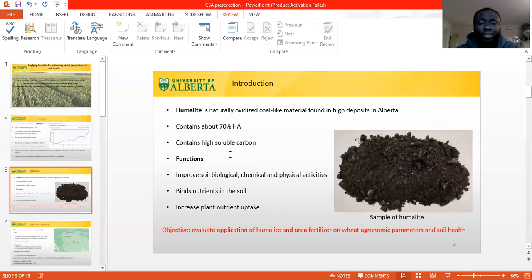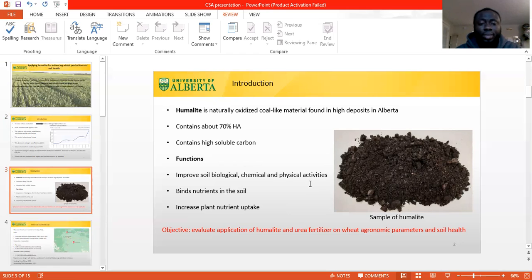Some of the functions include improving soil biological activities such as microbial growth or microbial biomass in the soil, which is good for soil health, and also the chemical properties of the soil, such as improving the cation exchange capacity, and also physical properties of the soil, such as improving soil structure and soil texture.